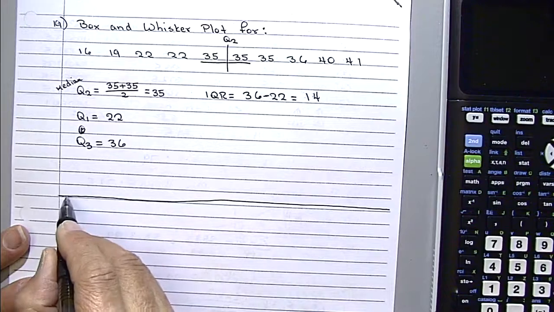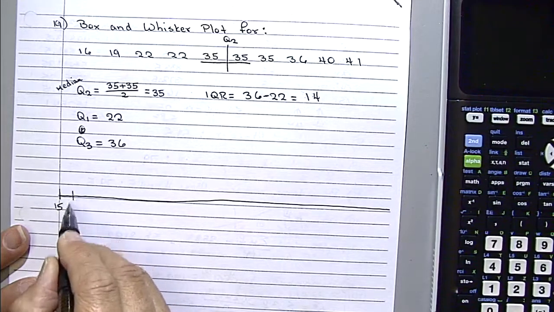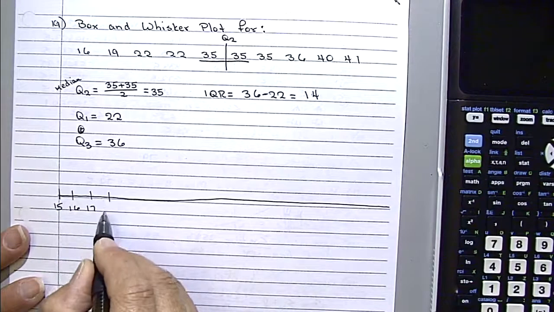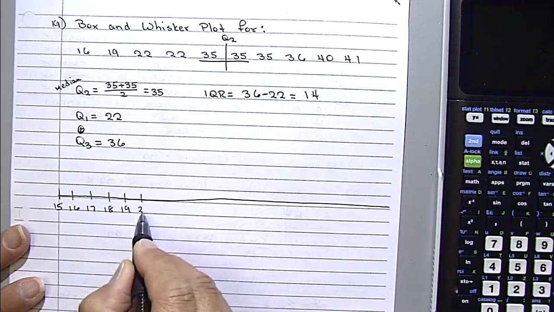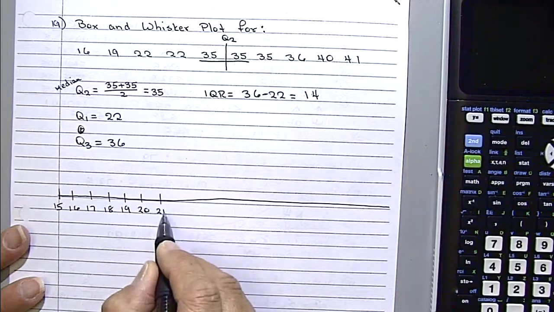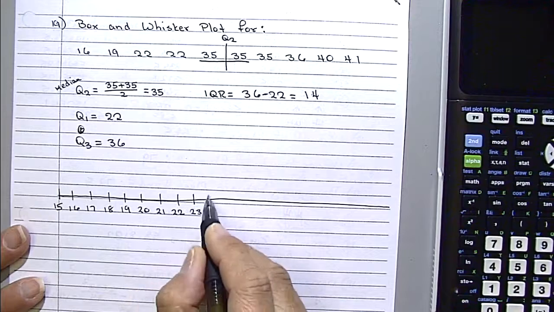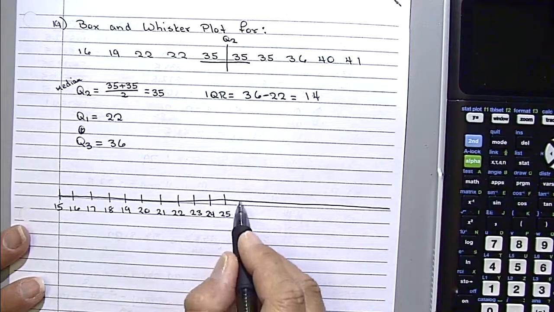I need to start at 16. Let me just start at 15, and then I'll go 16, and then maybe 17. I don't know. Maybe I'm doing it right. You could do it in twos if you wanted to.